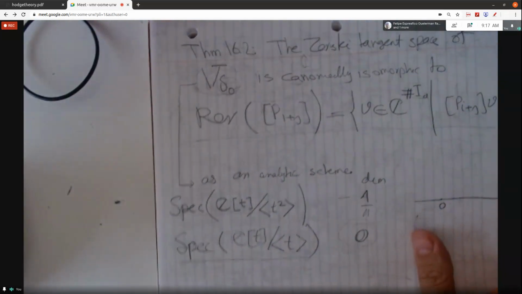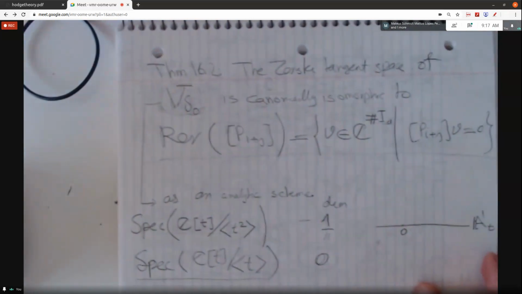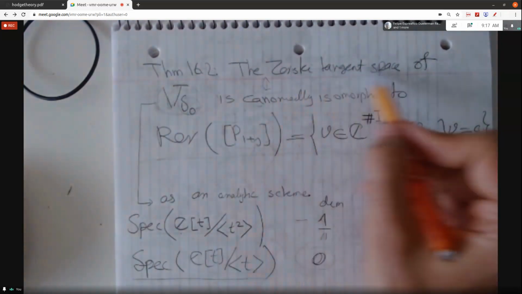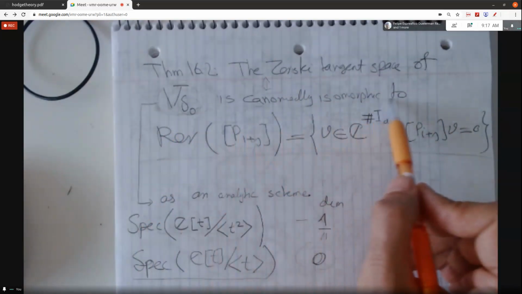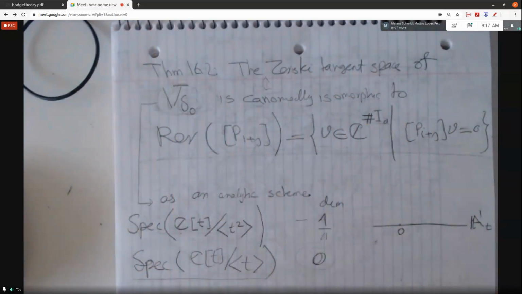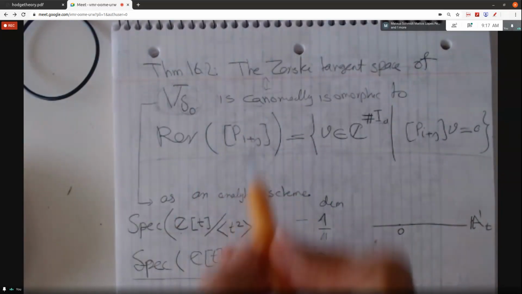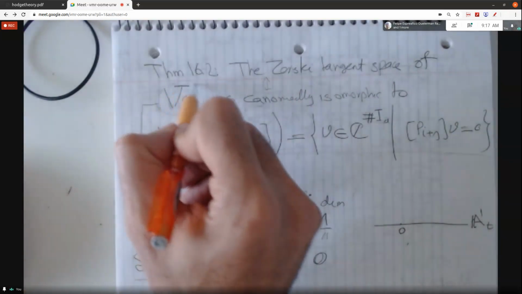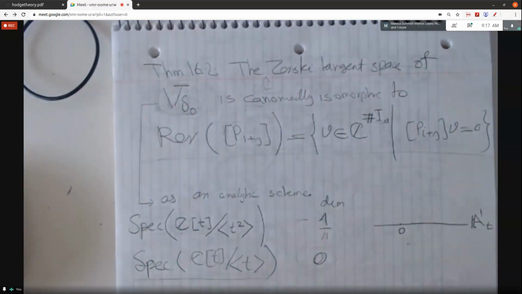then let me go to the main theorem that today we want to prove: the Zariski tangent space of the Hodge locus is canonically isomorphic to the kernel of this matrix. So the periods of Hodge cycles are also useful to compute the Zariski tangent space, and I remember that this is an analytic scheme.